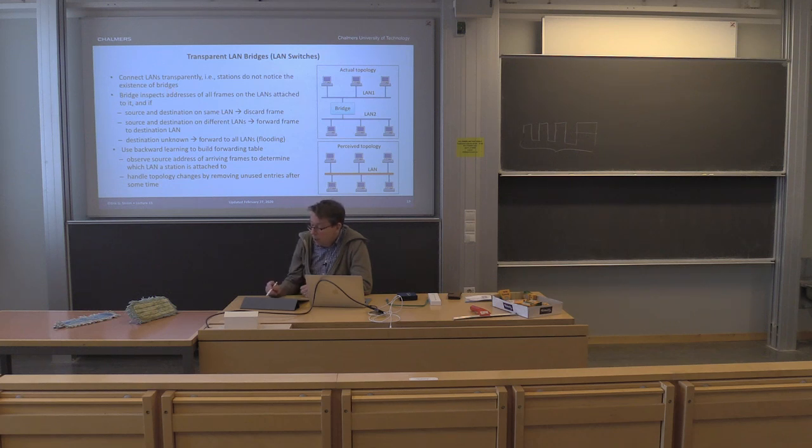So we have an actual topology that looks something like this. We have one LAN here, a couple of stations attached to it, and we have another LAN here with a couple of stations attached to this, and we have a bridge between them. Then the perceived topology for all these stations will be that we have a single LAN here. So it's like connecting several LANs into a super LAN, if you like.